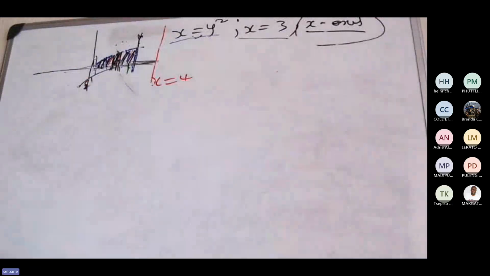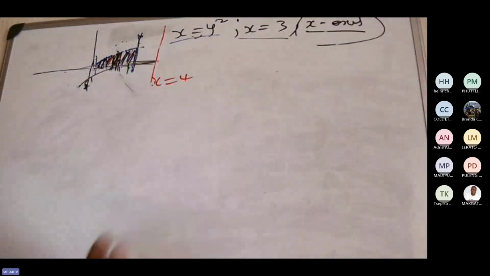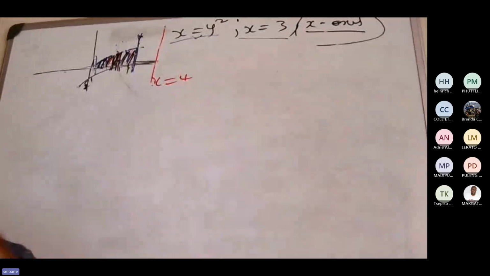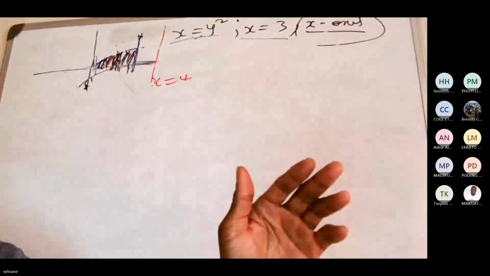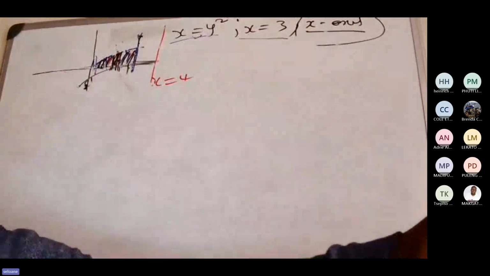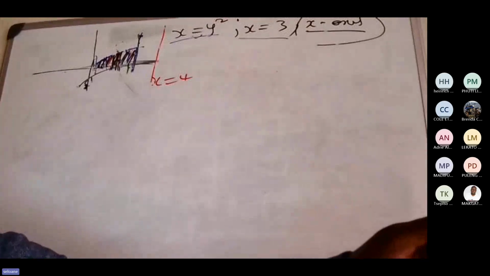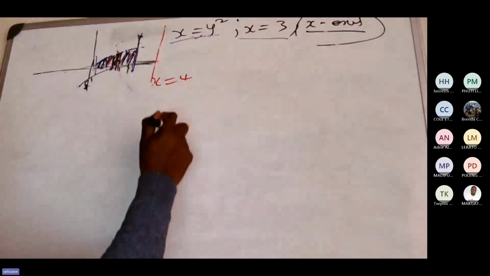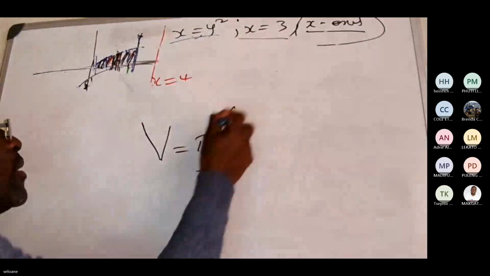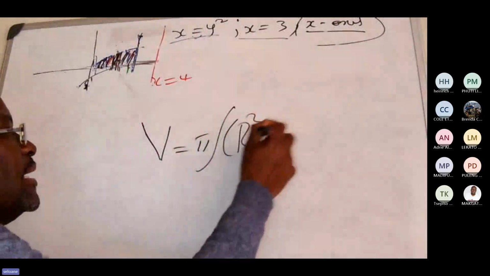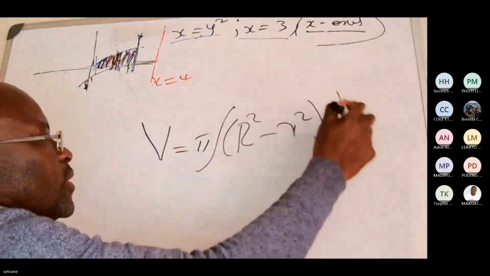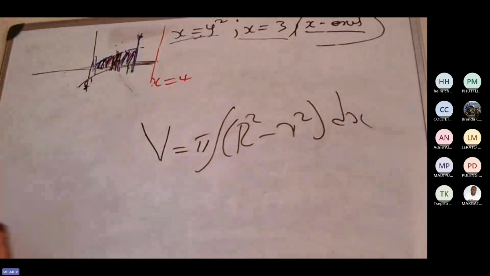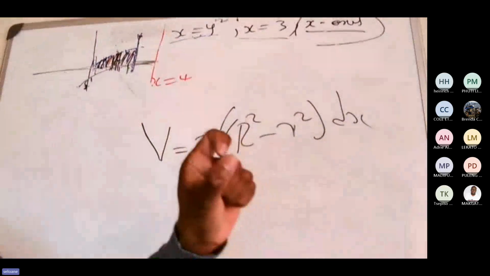What we did is what we call the shower method. The shower method and the disk method are just the same thing. It's just that the disk is a specialized kind of the shower method. Remember, we call it the shower method where we are using a disk, where you cut your disk perpendicular to the center.